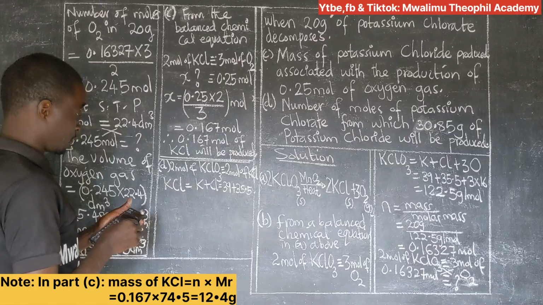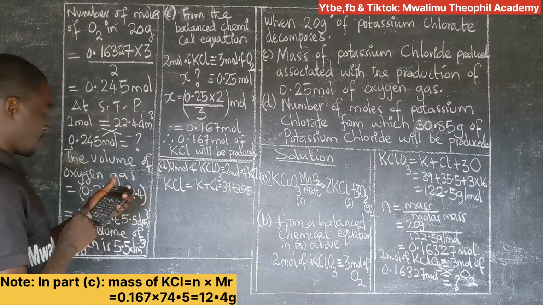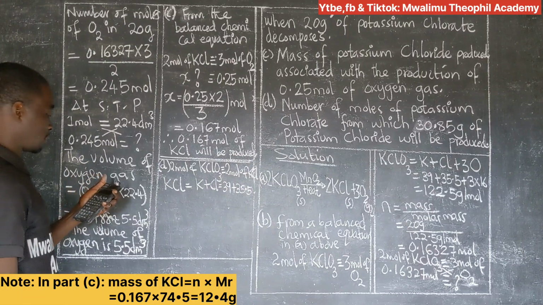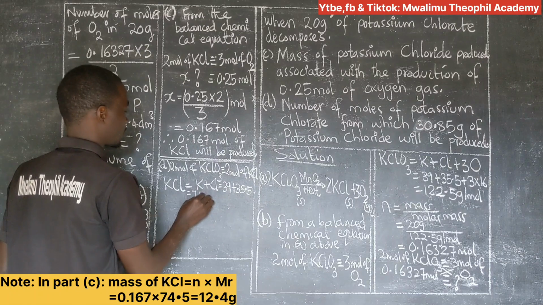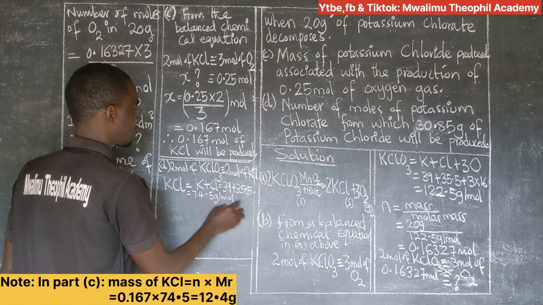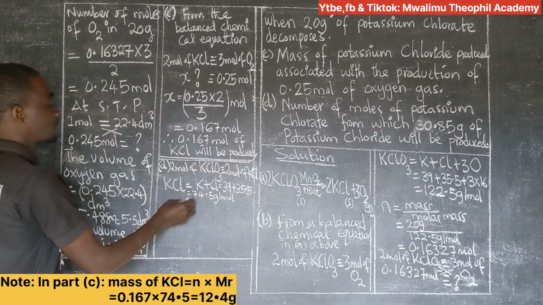When we add 39 plus 35.5, we get 74.5 grams per mole. This is the molar mass of potassium chloride. What about the number of moles?